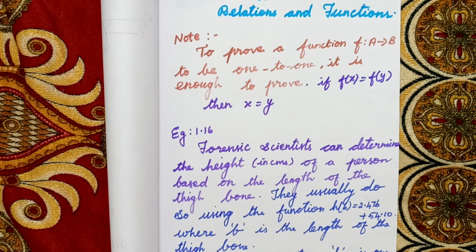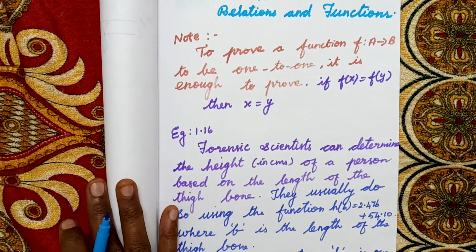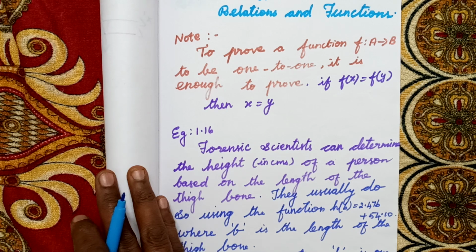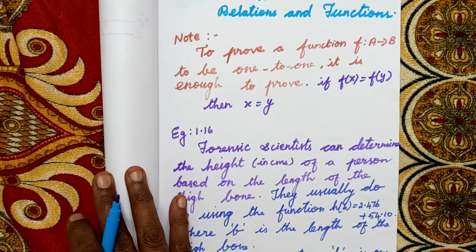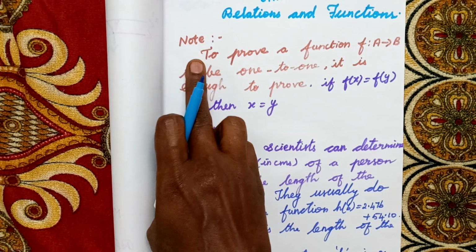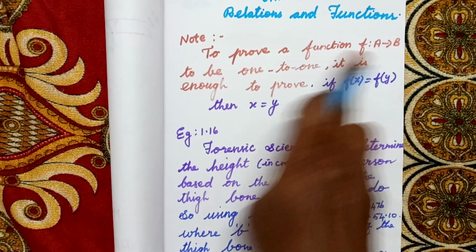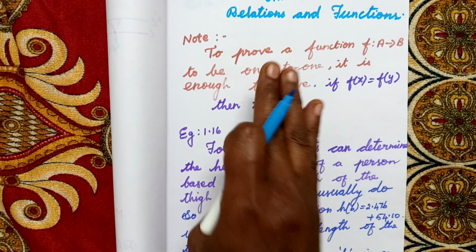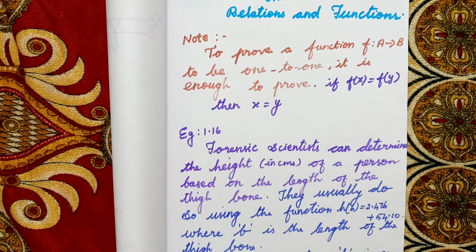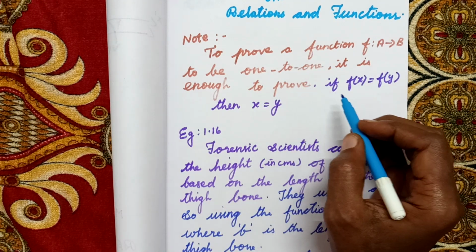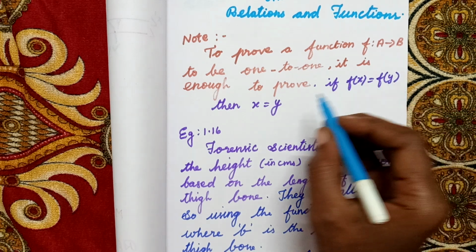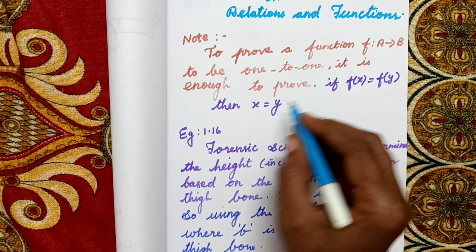Now, I am going to explain example 1.16. Before learning this example, I am giving one note. To prove a function f from A to B to be one-one, it is enough to prove that if f of x is equal to f of y, then x is equal to y.